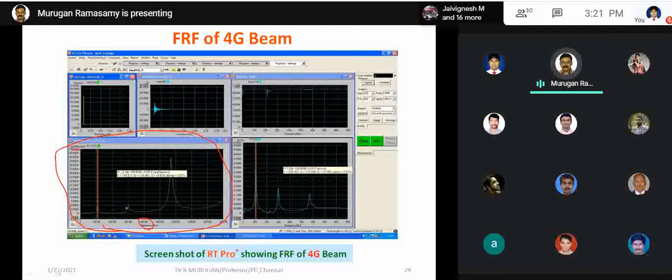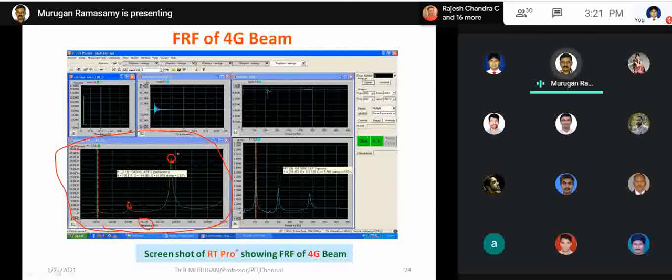Each peak gives us a natural frequency of the system. That means for each frequency we can get one mode shape. That mode shape we can get by a different procedure, using the roving hammer method. So from the experimental modal analysis, we can easily measure the natural frequency of a particular structure.